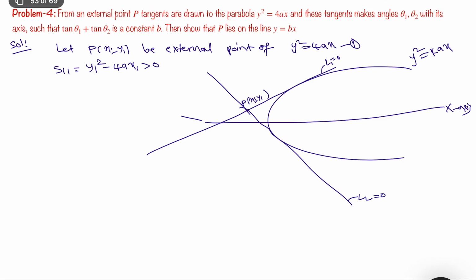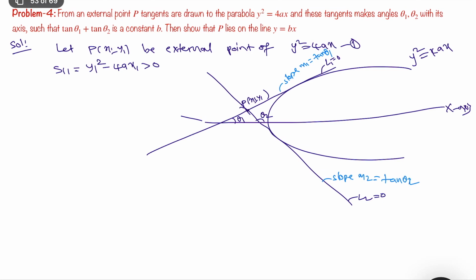Then L1 makes an angle theta 1 with the axis of the parabola, that is the x-axis, and L2 makes an angle theta 2 with the axis of the parabola, that is again the x-axis. Then the slope of L1, m1, will be, by definition, tan theta 1, and the slope of L2, m2, should by definition be tan theta 2.